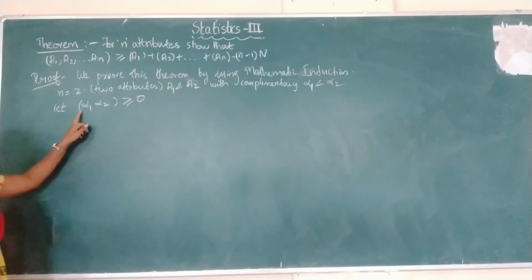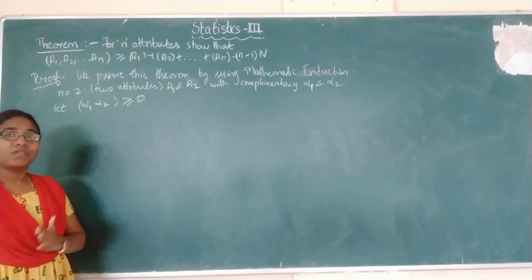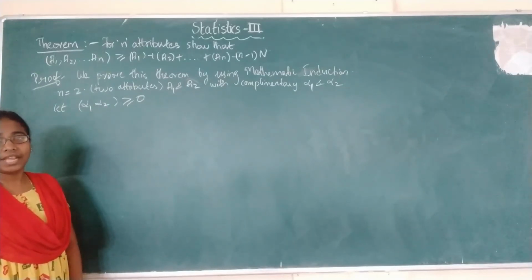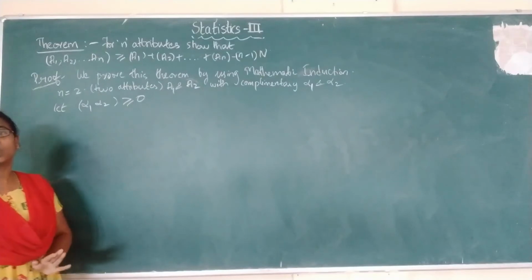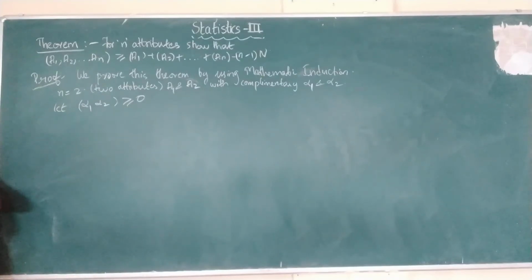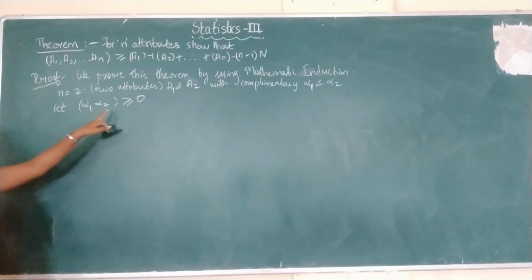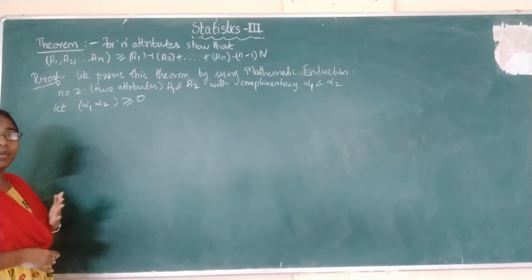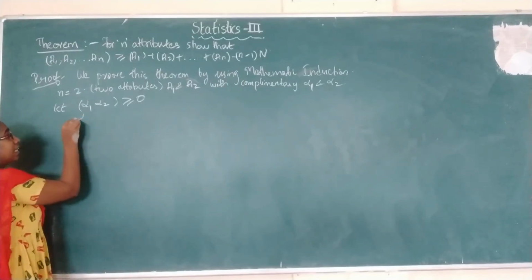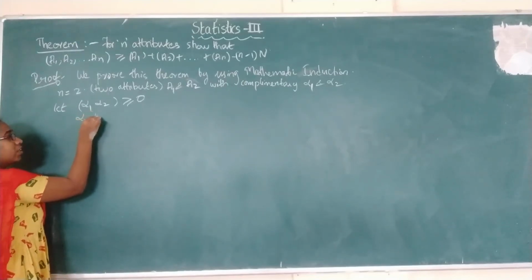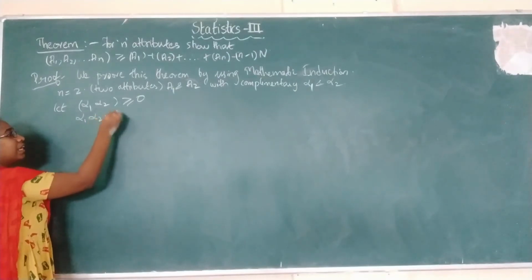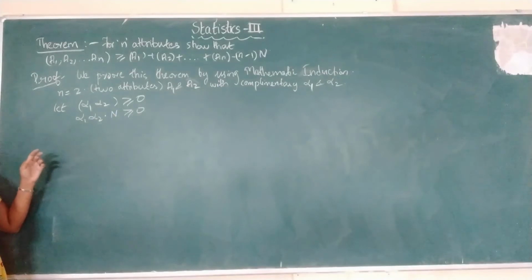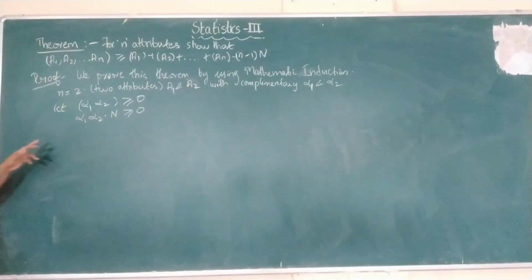The class frequency always indicates the number of values, right? So it can never be negative. It is always greater than or equal to 0 only. Now, how can I write this alpha 1 alpha 2 class frequency? By using the symbolic algebra, I can write alpha 1 alpha 2 into capital N is greater than or equal to 0.